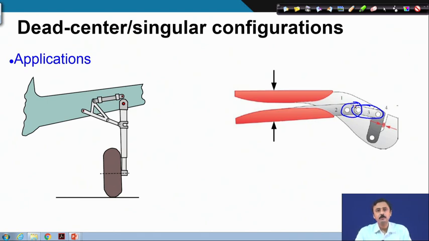So, this is also very close to the dead center configuration. These are applications of dead center configuration which we are going to discuss, and I will show you through calculations how this configuration is actually very useful in force multiplication.